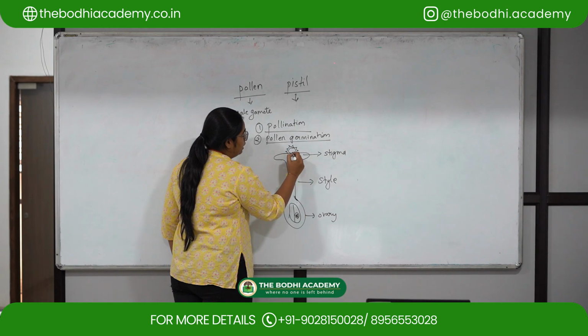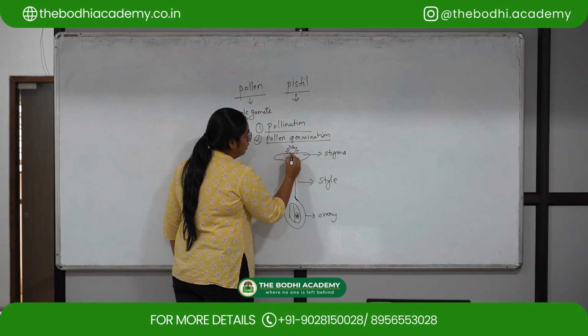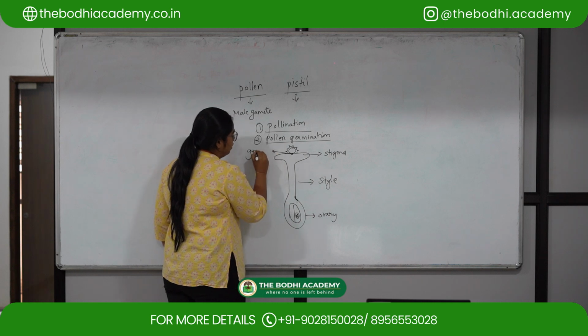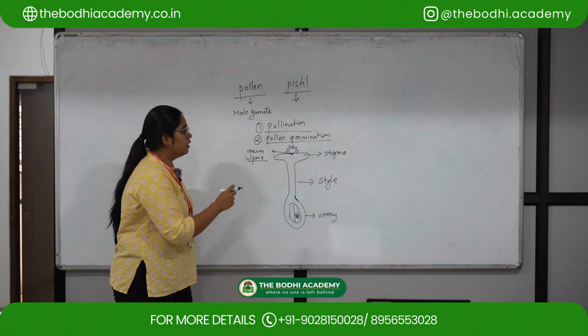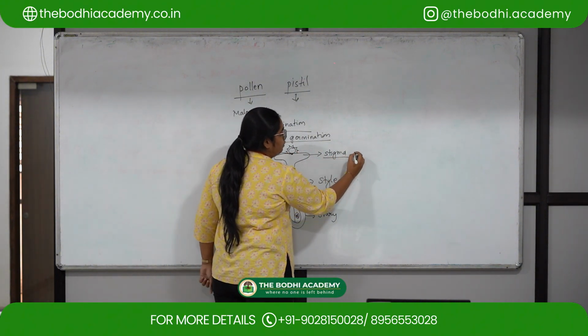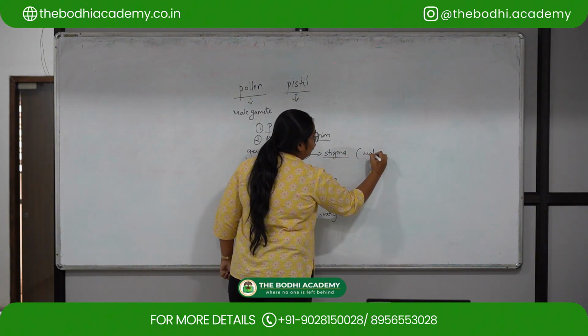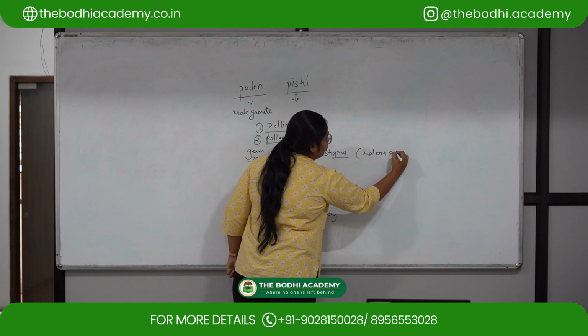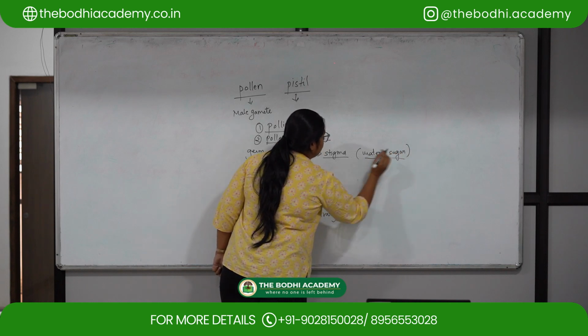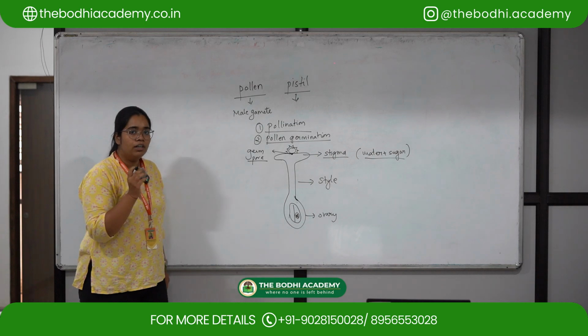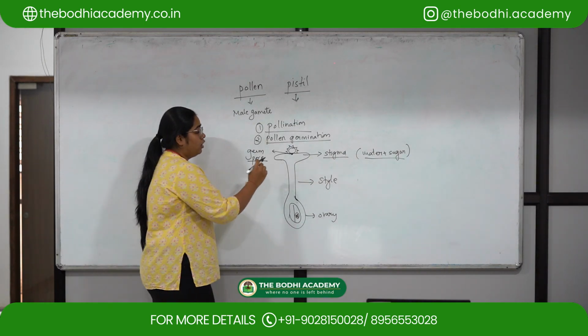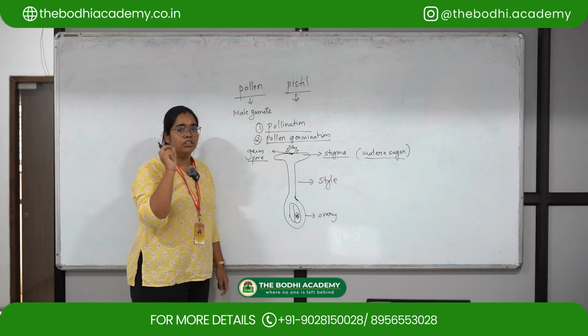So this is a pollen grain which consists of a small opening called the germ pore. The stigma of the flower consists of water plus sugar. So the stigma secretes water and sugar, which is required for the process of germination of that germ pore.